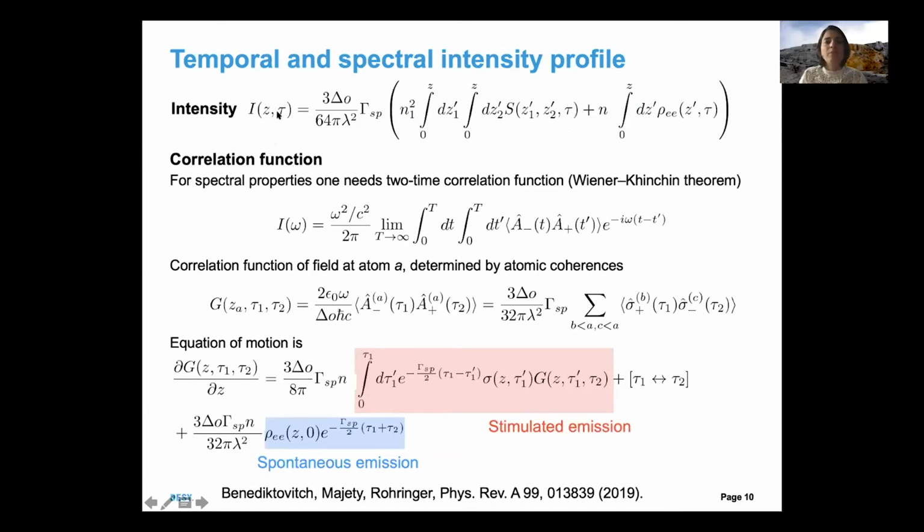And for the spectrum, one needs another correlation function. Via the Wiener-Khinchin theorem, we need the correlation function of the vector potential at different points in time. So we get another equation that we can solve once we have solved the equations of the atomic system, and calculate the spectral features of the emitted radiation.